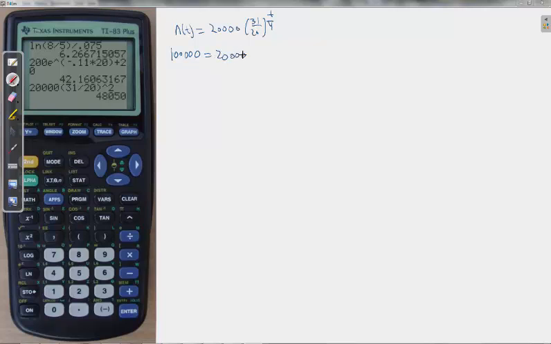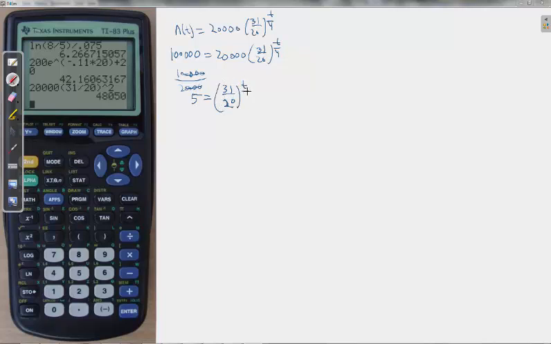So 20,000 times 31 over 20 to the t over 4. This is an exponential equation since I'm solving for the variable in the exponent. So I isolate my exponential piece and divide out the 20,000. That would be 100,000 over 20,000. Get rid of 4 zeros, so it'd be 10 over 2. So yeah, it'd be 5.